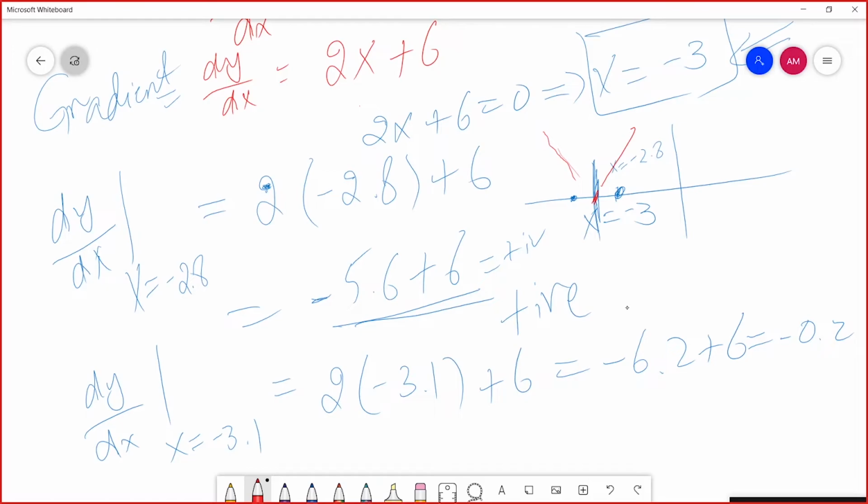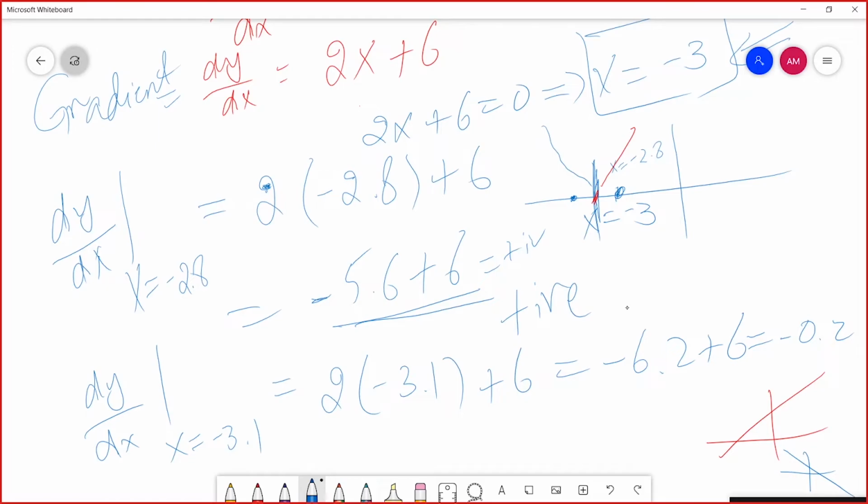Do you see this? Negative gradient, because we know positive gradient is like this and the negative gradient is something like this. Do you see this or no? I do. Yep. So it means we have something like this. So what is x equal to -3? Is it a maximum or minima or a horizontal inflection?